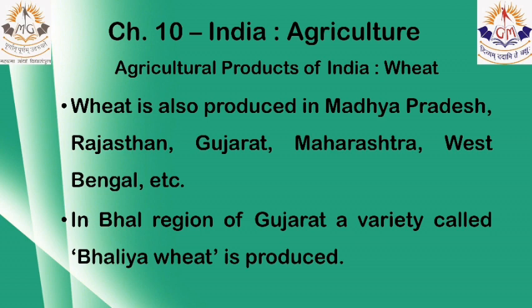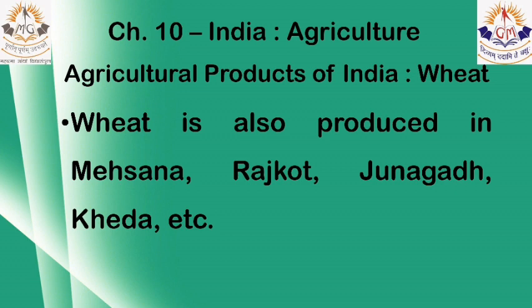In Gujarat, there is a region near Bhavnagar district, the Bhal region, where a special variety of wheat known as Bhalia wheat is produced. Wheat is also produced in Mehsana, Rajkot, Junagadh, Kheda and Bhavnagar districts. So lots of districts which receive less than 100 centimeter rainfall and have good irrigational facilities can grow wheat.